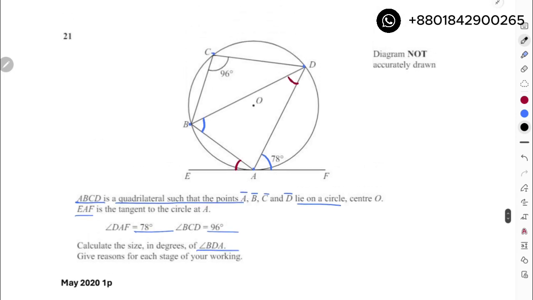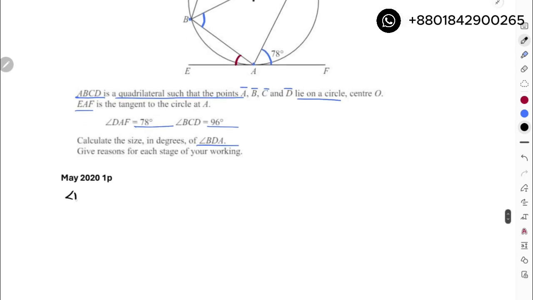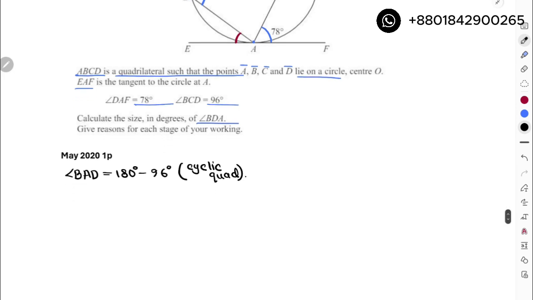For a cyclic quadrilateral, the sum of the opposite angles is always going to be 180. So angle BAD is going to be 180 minus 96, and the reason is that this is a cyclic quadrilateral, and that gives you 84 degrees.